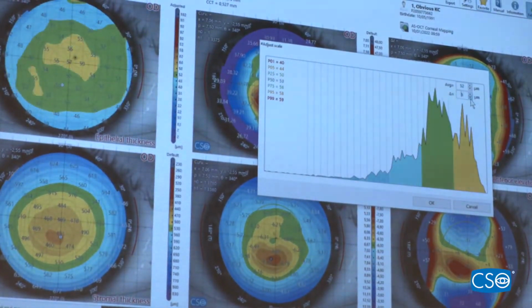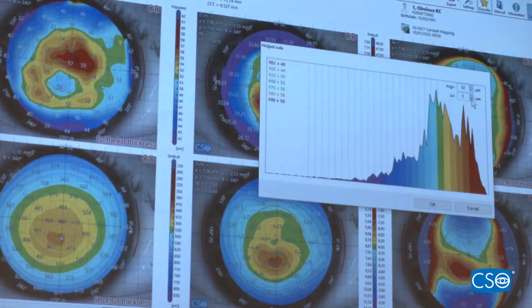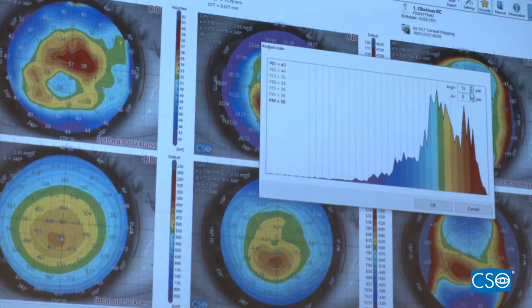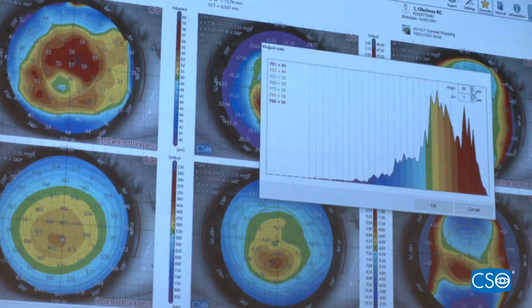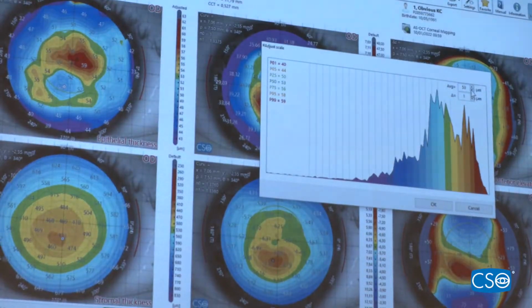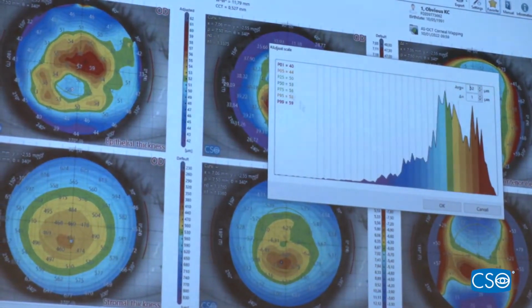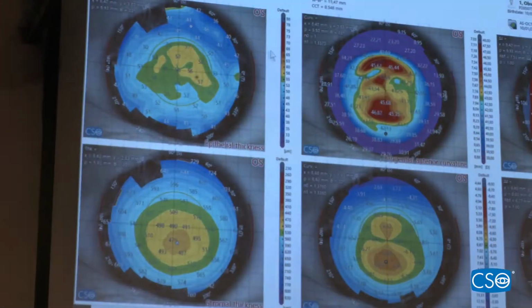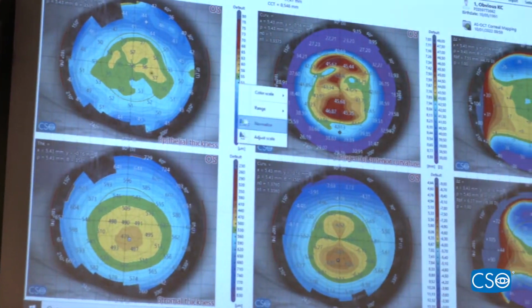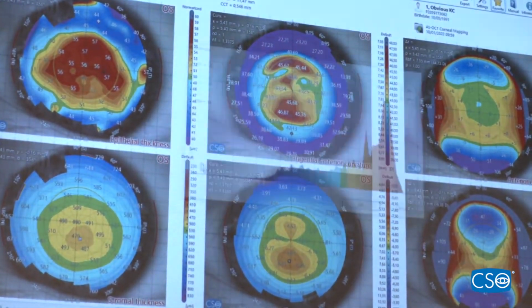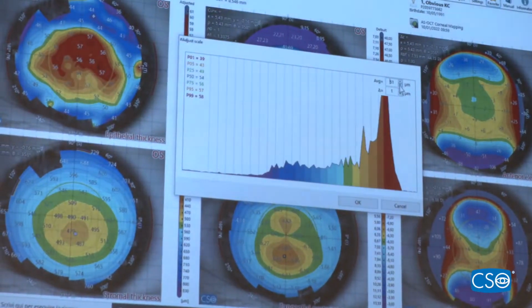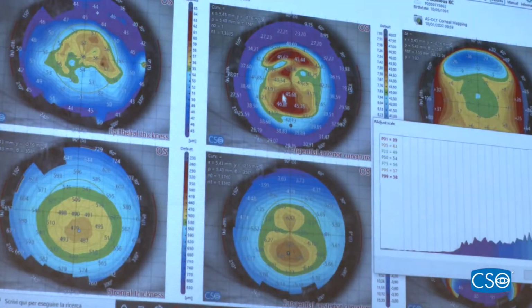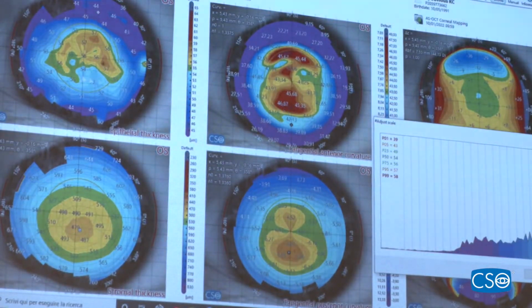So you want a 1 micron step, even though the resolution of the device is more like 3, but 1 micron step, and then you need to change the cutoff point until you emphasize the irregularity of the epithelium, okay? So once you've done this, let's look at the other eye, by the way. This one doesn't look so abnormal, but when we normalize the scale and adjust it, do we see more? Maybe this inferior steepening is coincident here and there.